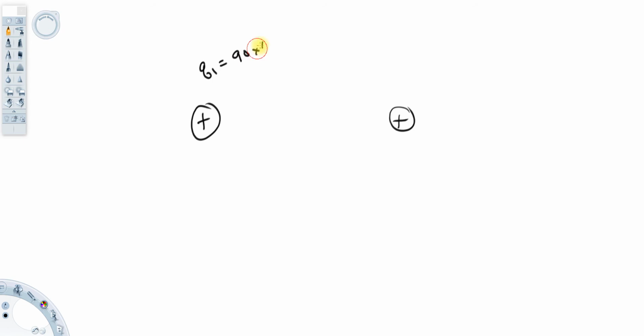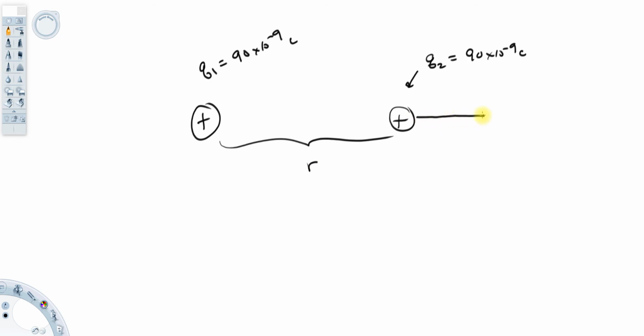Nano means 10 to the negative 9th, and they're the same charge. So 90 times 10 to the minus 9th coulombs. What's unknown here is the distance between them. The force between them would be a repulsive force because they're both positively charged. And that force is given as 8.1 newtons.